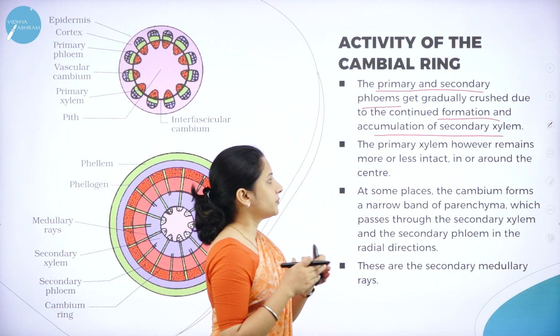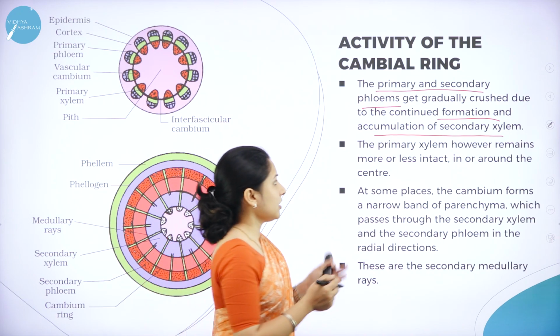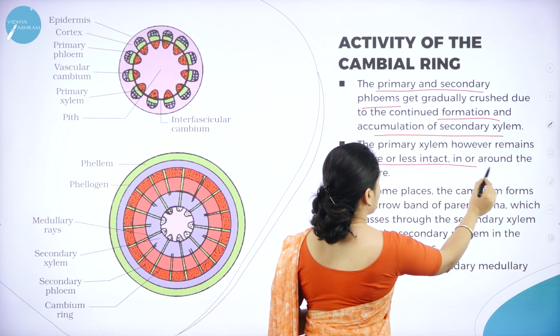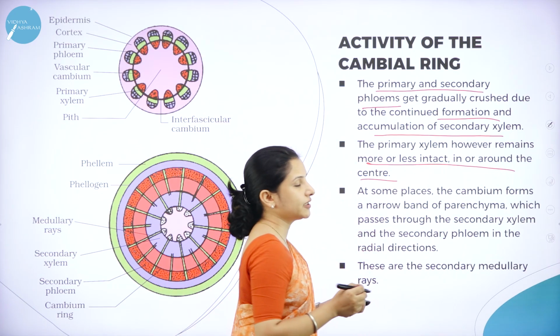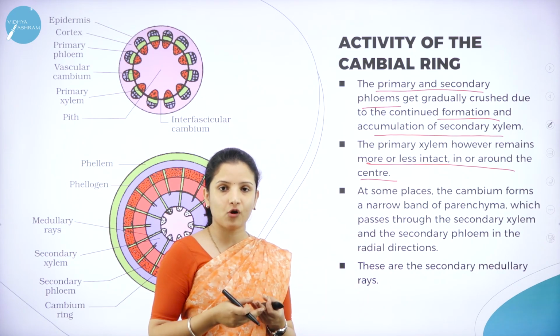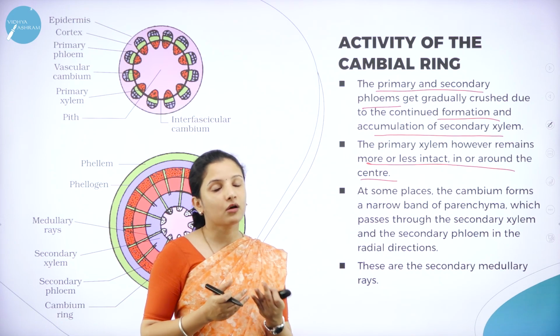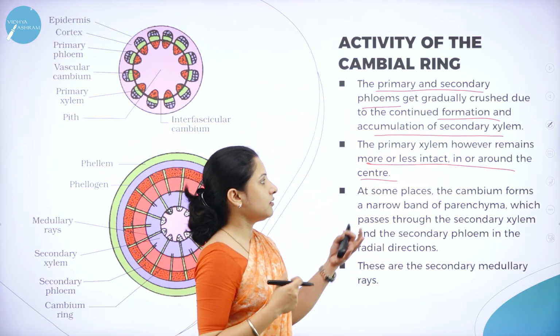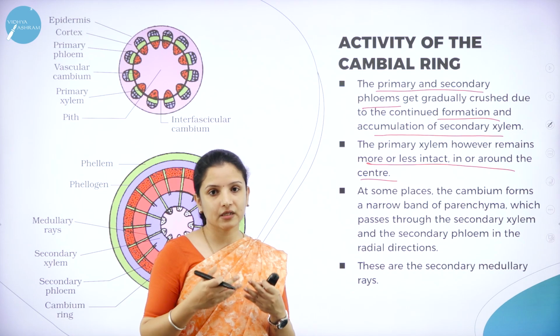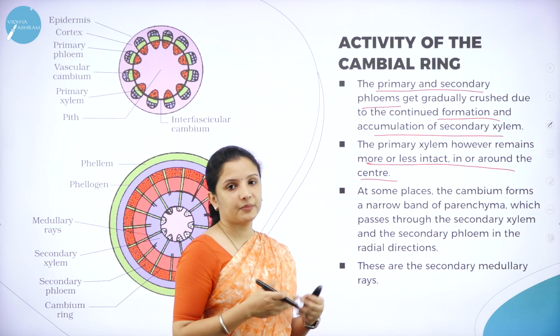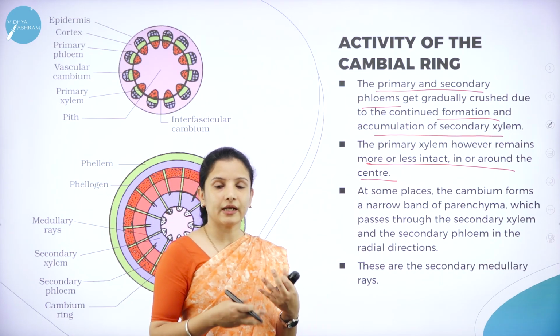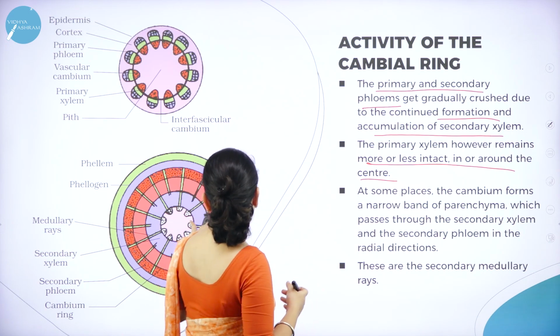The primary xylem remains more or less intact in and around the center. Once the secondary xylem is formed, the primary xylem will also be present, but it is inconspicuous. That is, it may be more or less intact, not having a definite shape, and it will be present somewhere at the center.